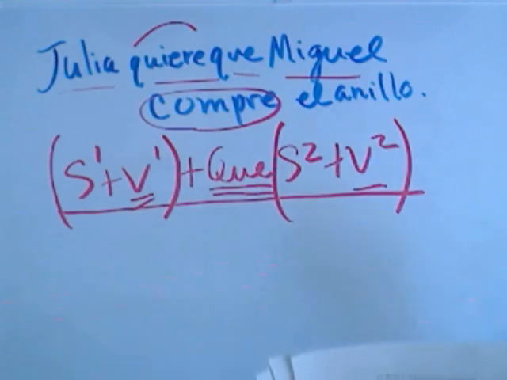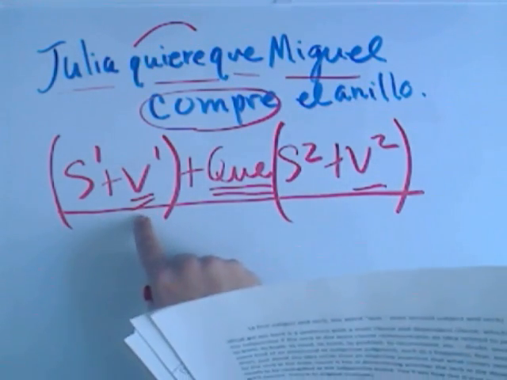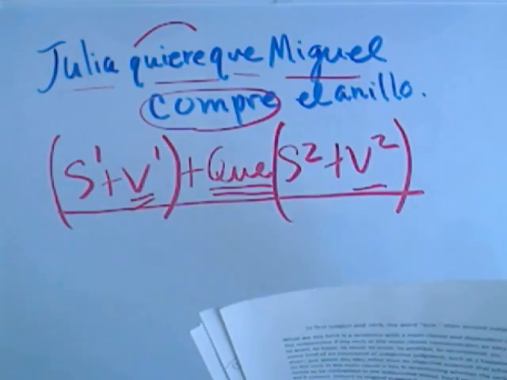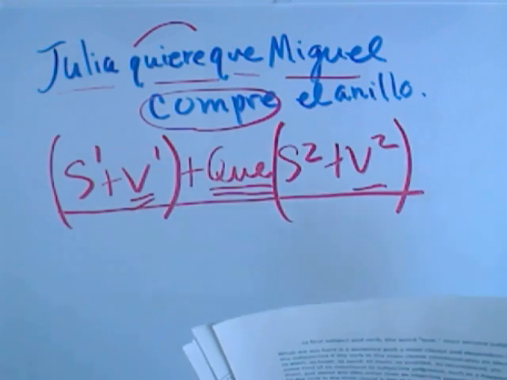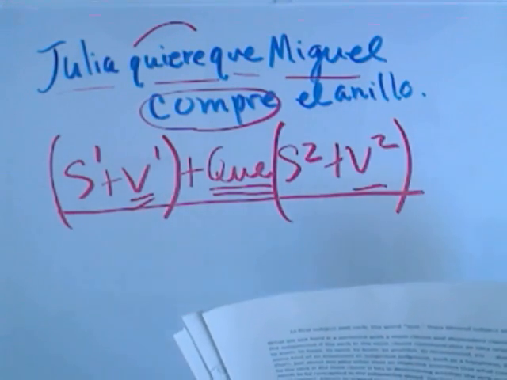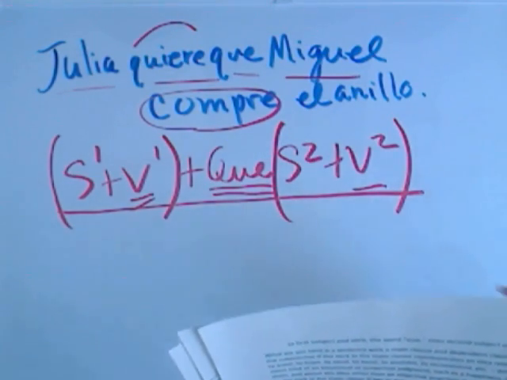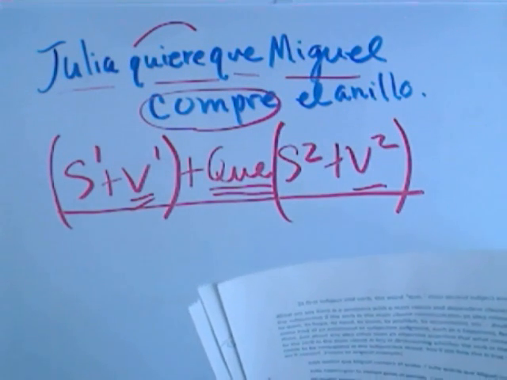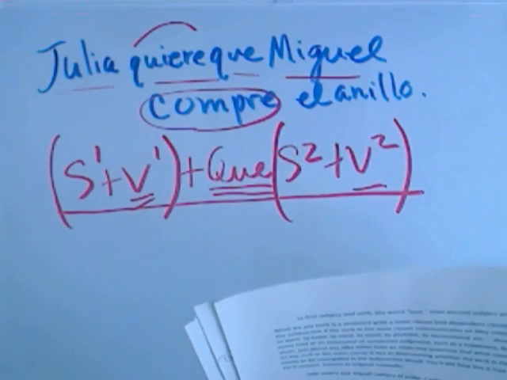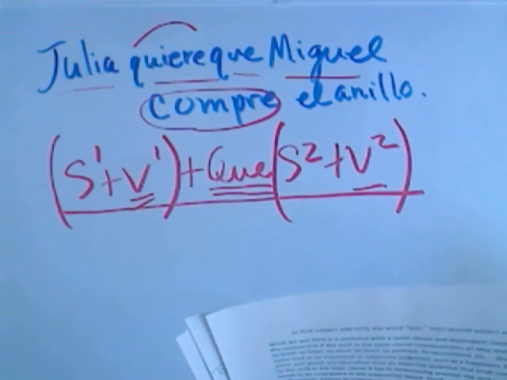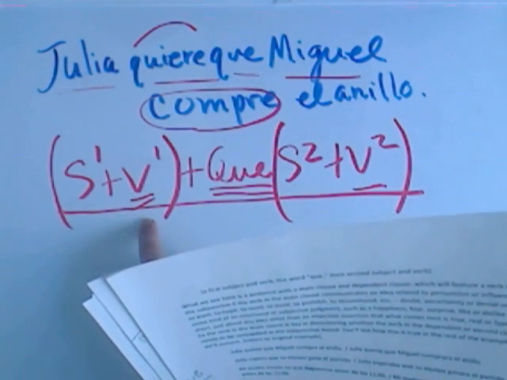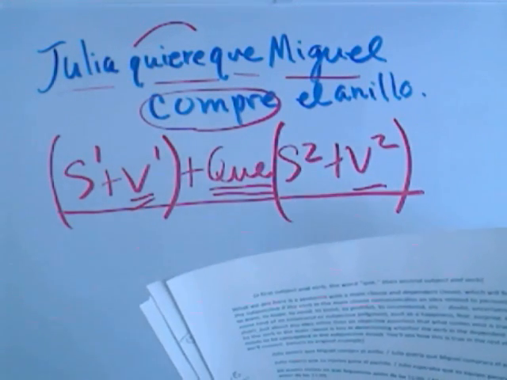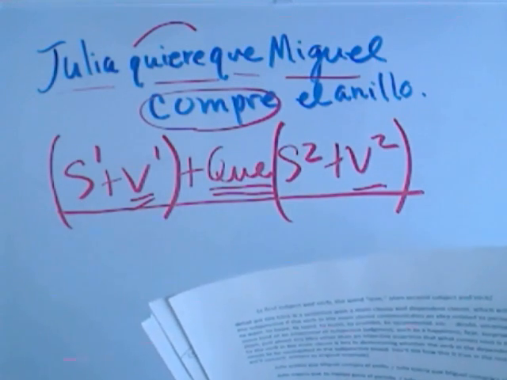This dependent clause will have a verb in the subjunctive if the verb in the main clause communicates an idea related to persuasion or influence, such as want, hope, need, insist, prohibit, recommend, etc., doubt, uncertainty, or denial, or some kind of emotional or subjective judgment such as happiness, fear, surprise, like or dislike, etc. In short, just about any idea other than an objective assertion that what comes next is true, real, or typical. So the verb in the main clause is key in determining whether the verb in the dependent or second clause needs to be conjugated in the subjunctive mood. Now you're going to see how this is true in the rest of the examples we're going to convert.